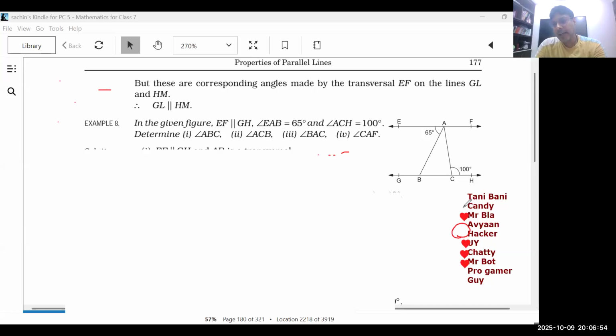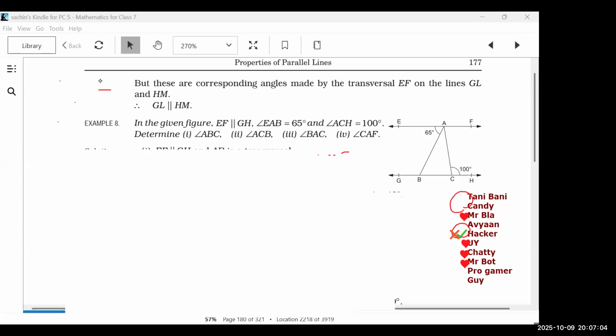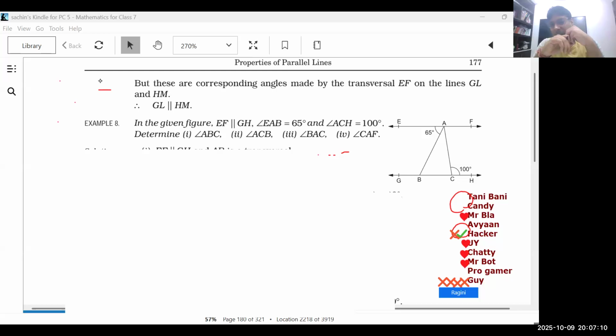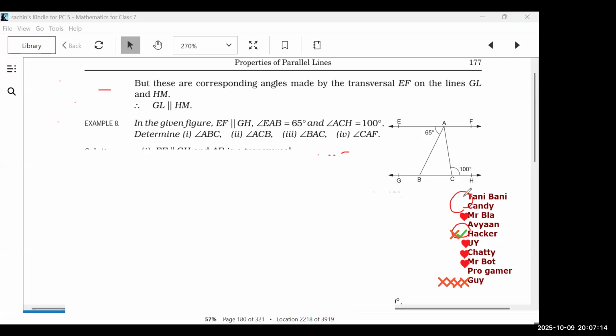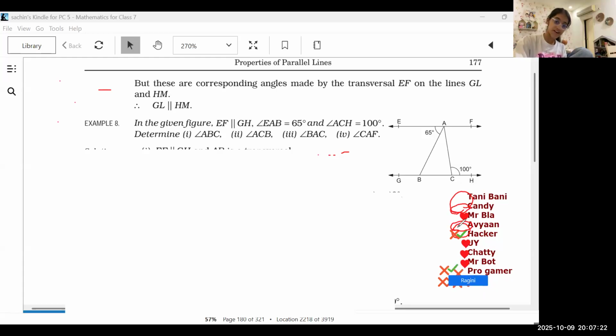Avyan, Hacker, Candy, Tani Bani, you have sent. Sir, I'm just sending. Ma'am, can you please check my answer? Mr. Cow, that's not great. Mikey and Candy, you have sent. Sir, I only solved one.